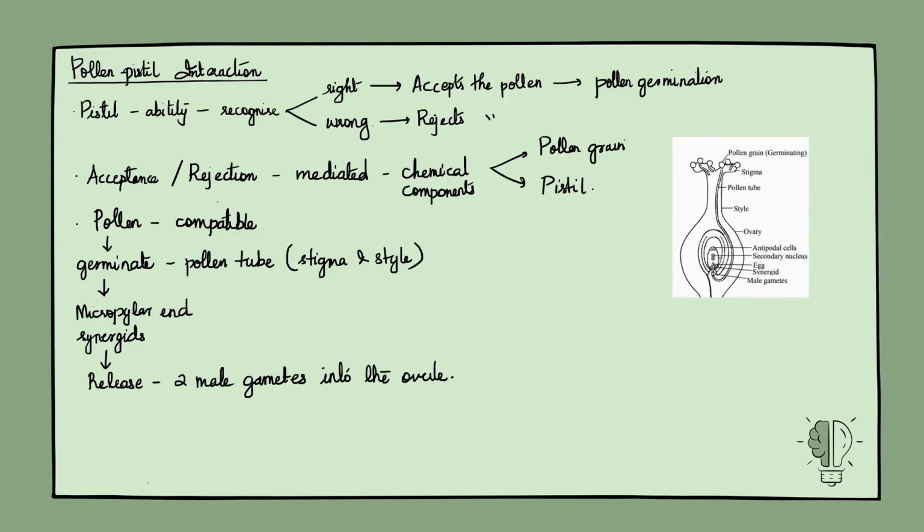Now, the series of these events is called pollen-pistil interaction. So, pollen-pistil interaction is a dynamic process involving the pollen recognition followed by the acceptance of the pollen.